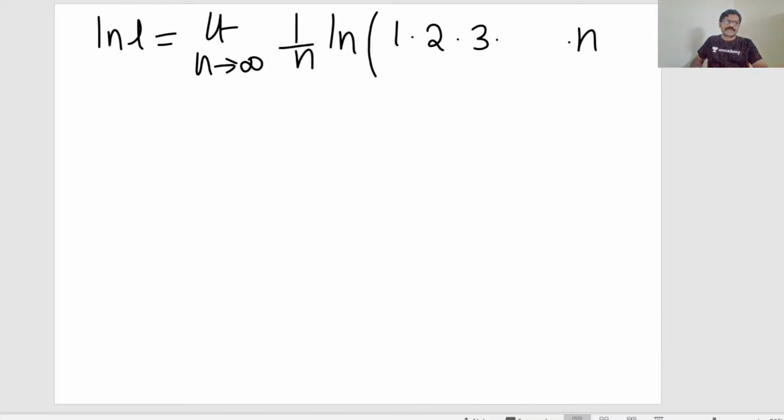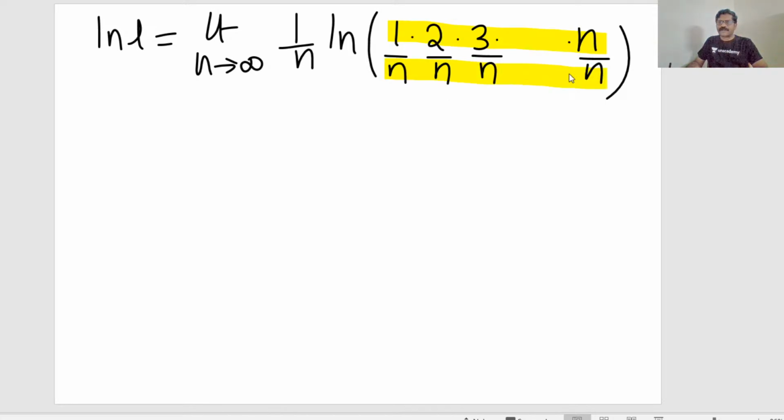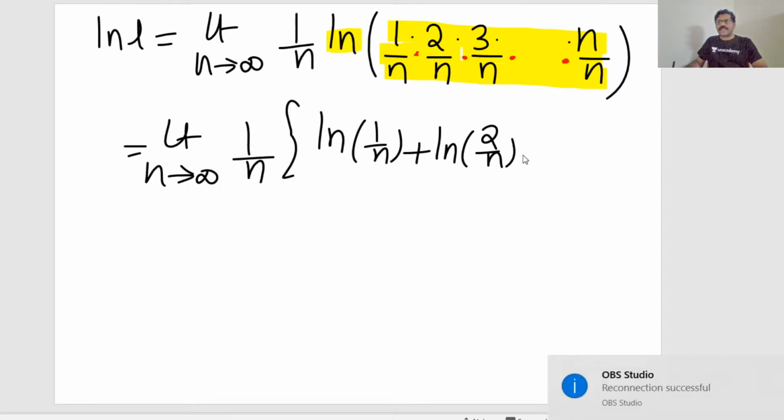Therefore, 1 by n, 2 by n, and so on. If you multiply numerators, you will get n factorial. If you multiply denominators, you will get n power n, right?